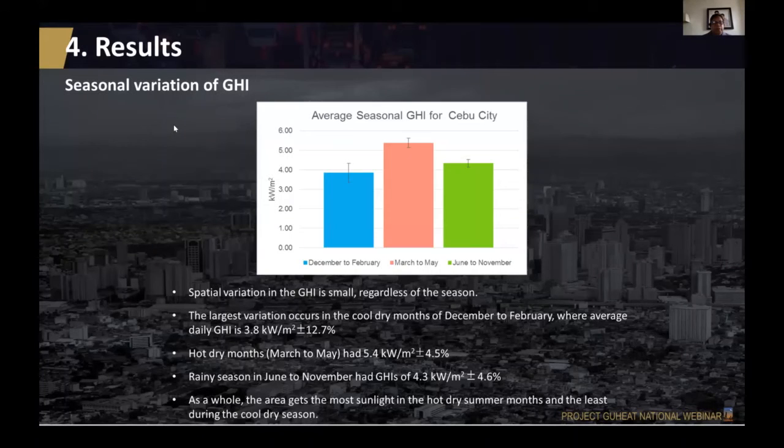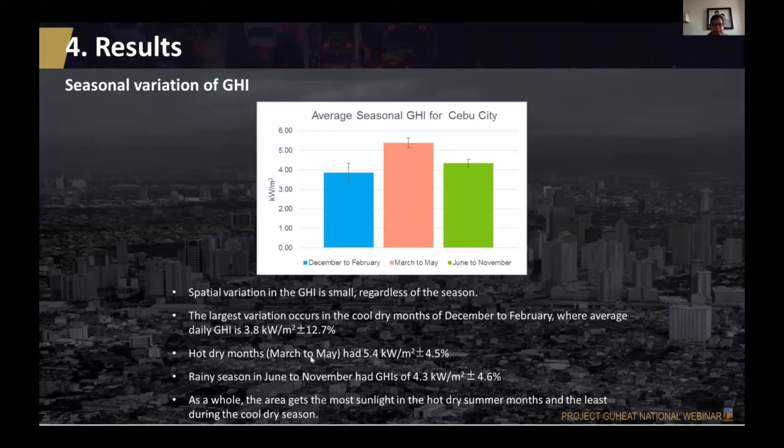Then for the seasonal variation of the global horizontal irradiance, one can notice that the spatial variation in the GHI is small regardless of the season. As you can see, these variations are quite small. The largest variation occurs in the cool dry months, December to February.